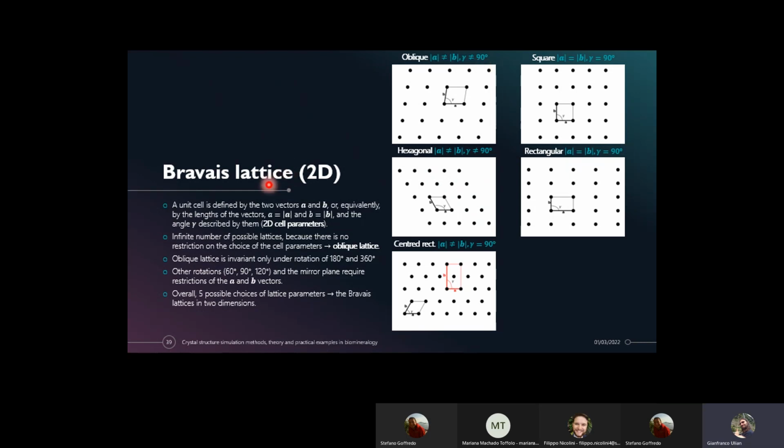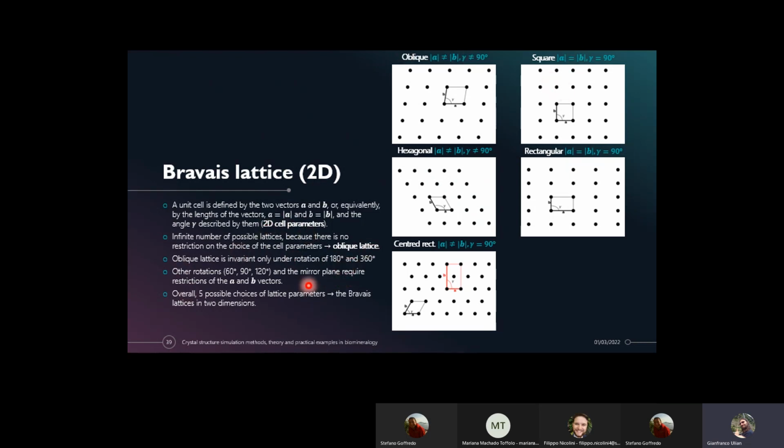An oblique lattice is invariant only under a rotation of 180 degrees or 360 degrees, that means identity. The other rotations, the 60 degrees, the 90 degrees, the 120 degrees, give us some restrictions, some boundaries on the A and B vectors.